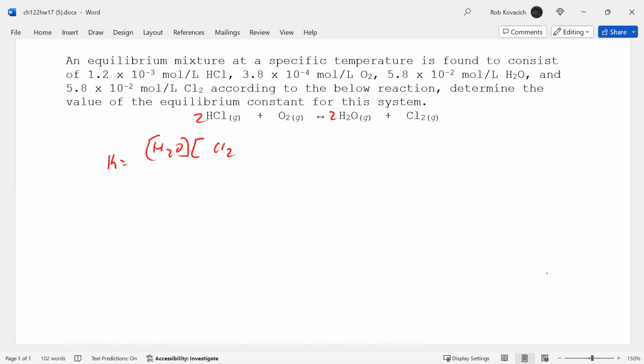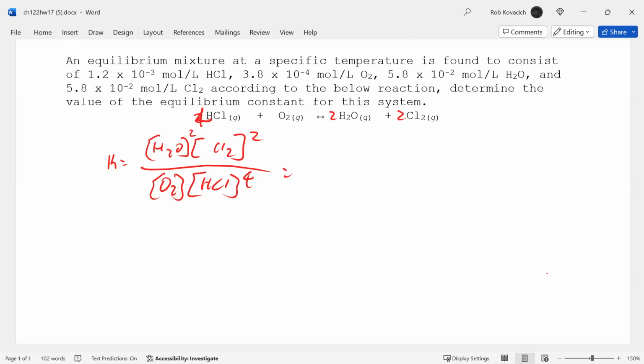We'll do 4 there. And so then a 2 there. So water squared, chlorine squared, oxygen to the first, and hydrochloric acid to the 4th.